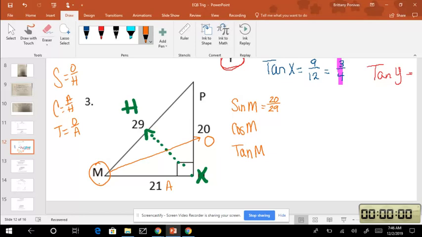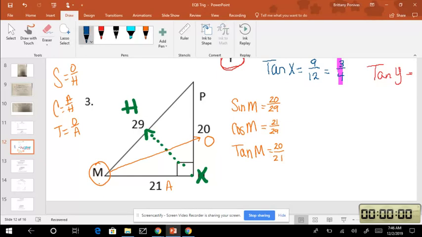So sometimes the ratios will not reduce, and that's okay. Then that's just your answer. If it reduces, then you have to reduce it. Cosine M, cosine is adjacent over hypotenuse, so 21 over 29. Tangent is opposite over adjacent. The opposite side is labeled 20. The adjacent side is labeled 21.